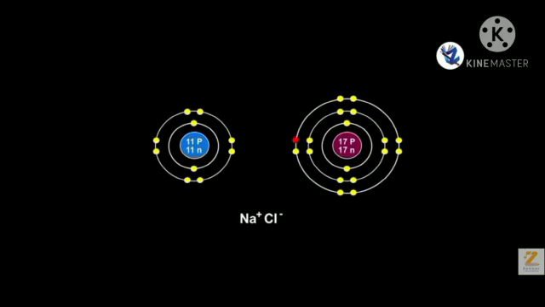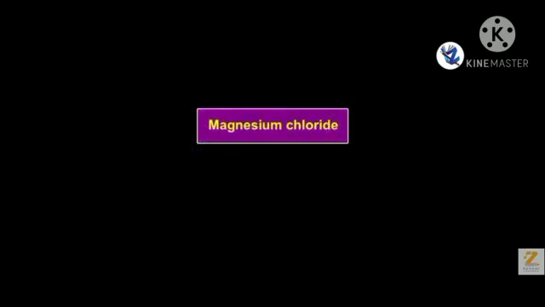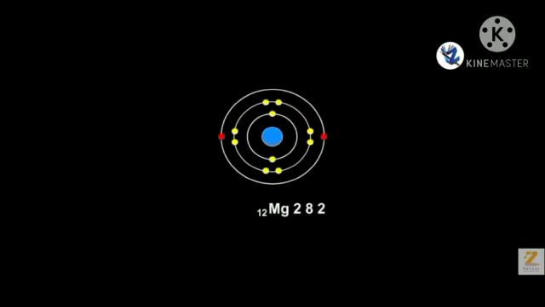Now another example, formation of an ionic bond in the magnesium chloride molecule. The electronic configuration of magnesium is 2,8,2. So there are 2 electrons in its outermost shell. After giving these 2 electrons, the electronic configuration becomes 2,8. Thus, magnesium completes its octet state.